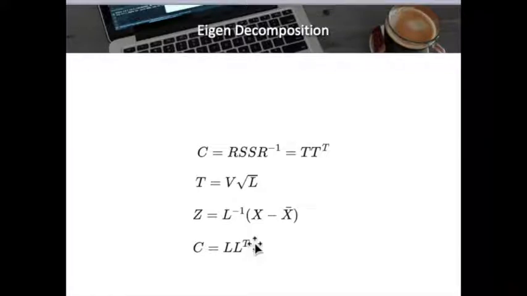We can also evaluate the basis vectors of this transformation matrix by showing each eigenvector V multiplied by sigma, which is equivalent to the square root of lambda.